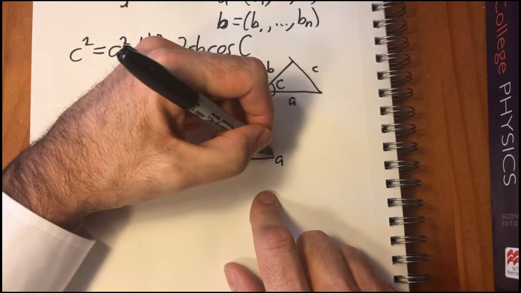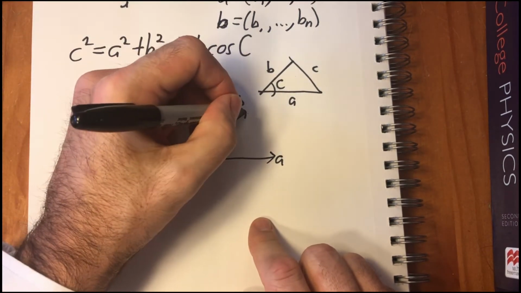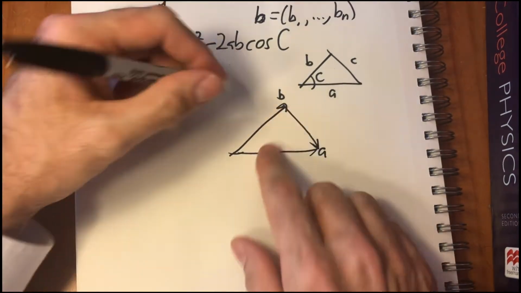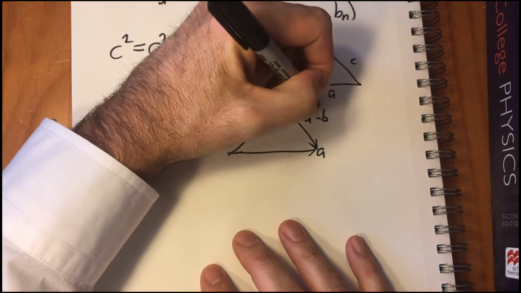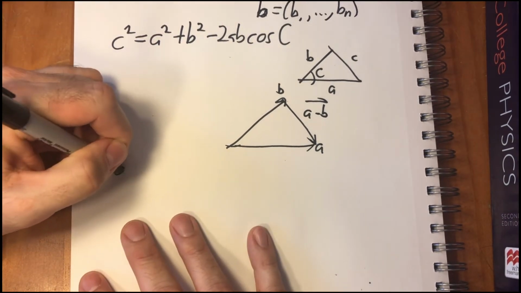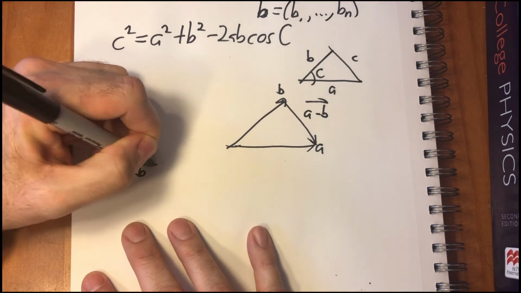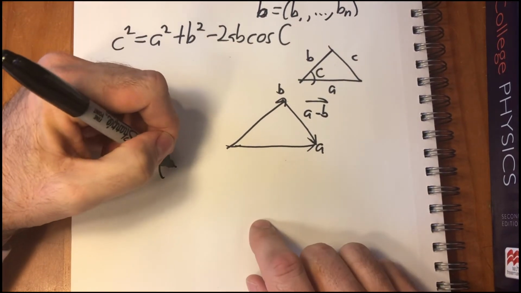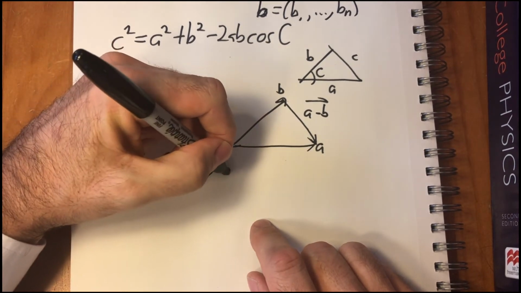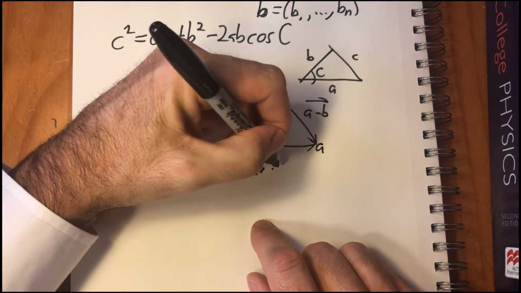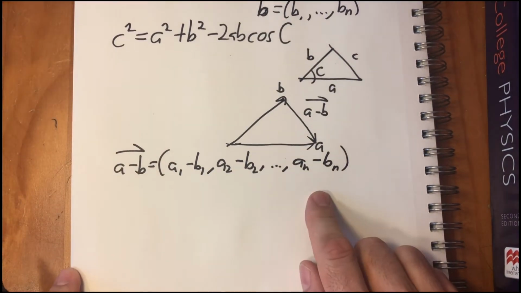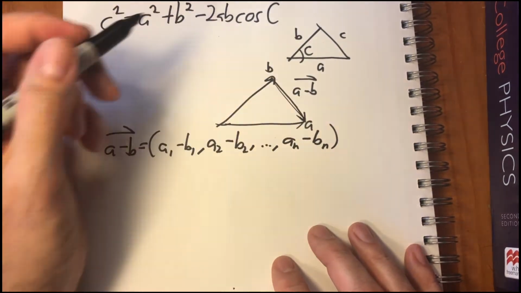This is A and this is B. So this vector from here to here is A minus B. So A minus B equals A1 minus B1, A2 minus B2, up to AN minus BN, right? That's just this vector.